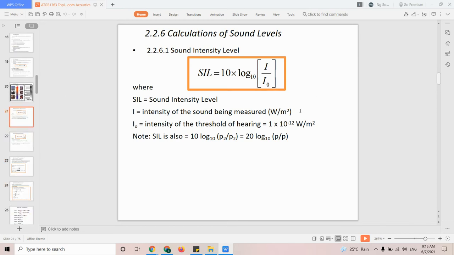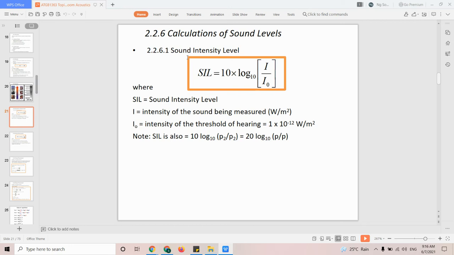Okay, so next we have another formula, which is the sound intensity level. We have to make use of this logarithm to work out what is the sound intensity level. So we have the intensity of the sound being measured divided by the intensity of the threshold of hearing.